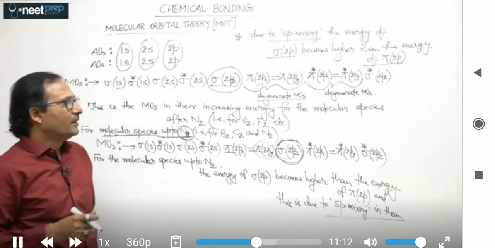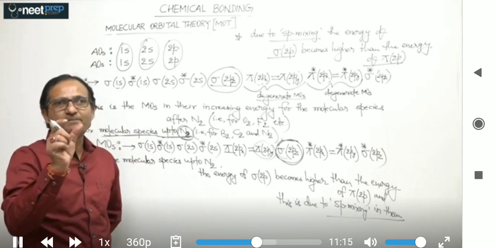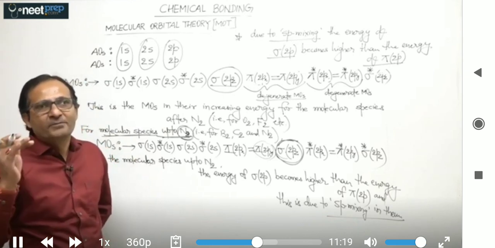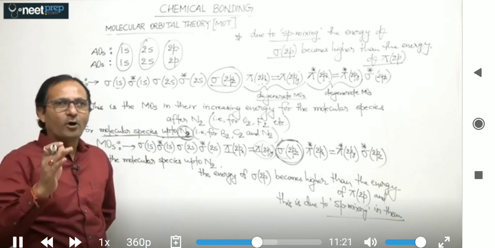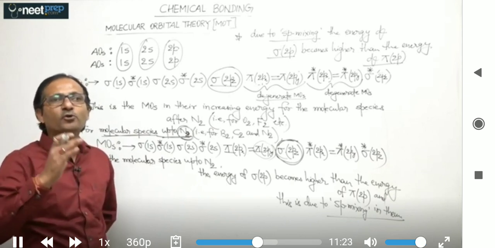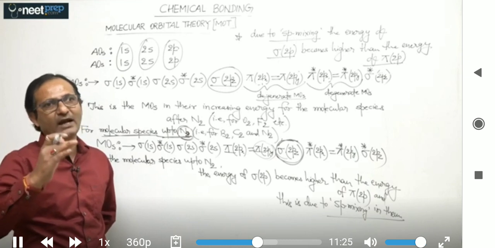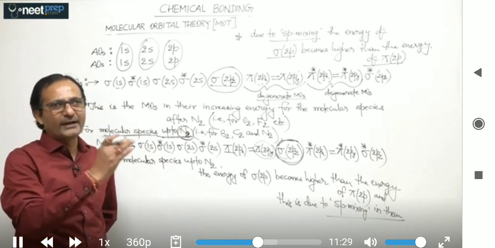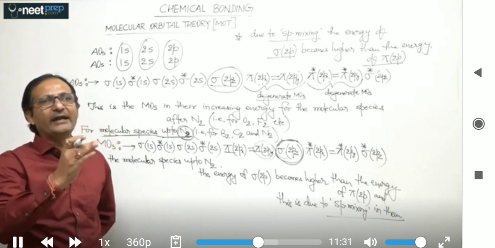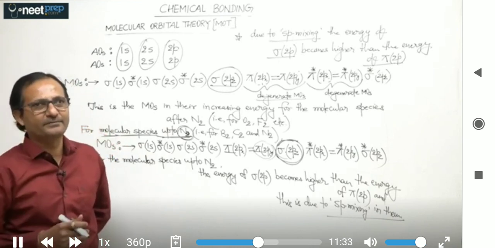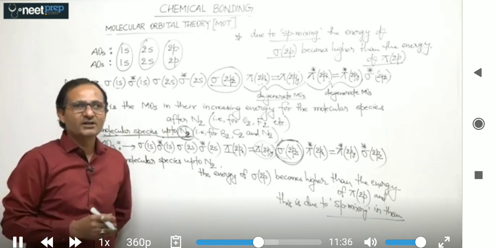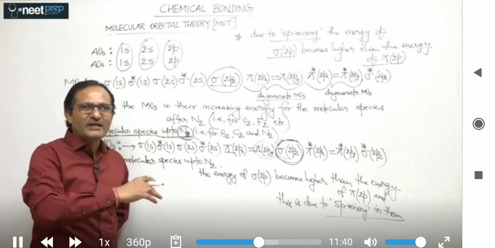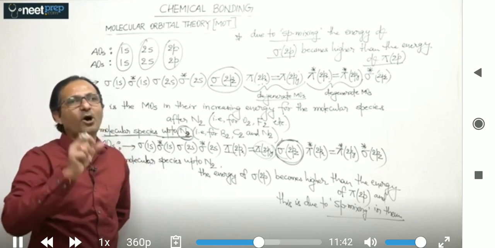From spectroscopic data, it is observed that for the elements up to N, that is boron, carbon and nitrogen atoms, the energy gap between 2s and 2p is small.